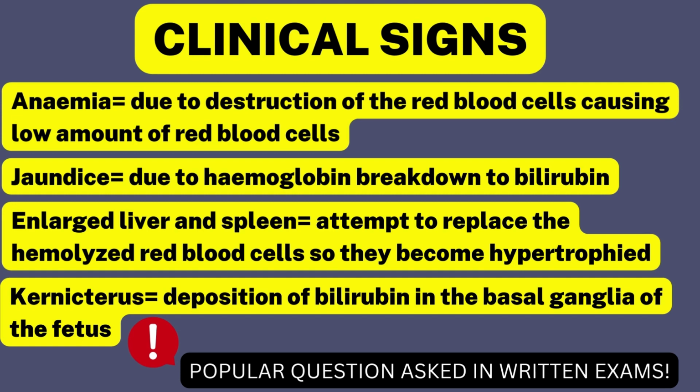Because of the rapid production of red cells, many early forms of red blood cells, like the nucleated blastic forms, are passed from the baby's bone marrow into the circulatory system, and it is because of the presence of these nucleated blastic red blood cells that the disease is called erythroblastosis fetalis.